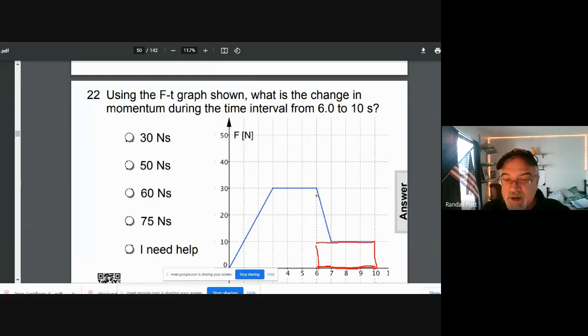Easy area, and you have a triangle. Triangle and a rectangle, add them together. Let's see, what would you get here? You'd get 2, 3, 4, 5, 6 times 60. I think it's 60. But you can check your answer here.